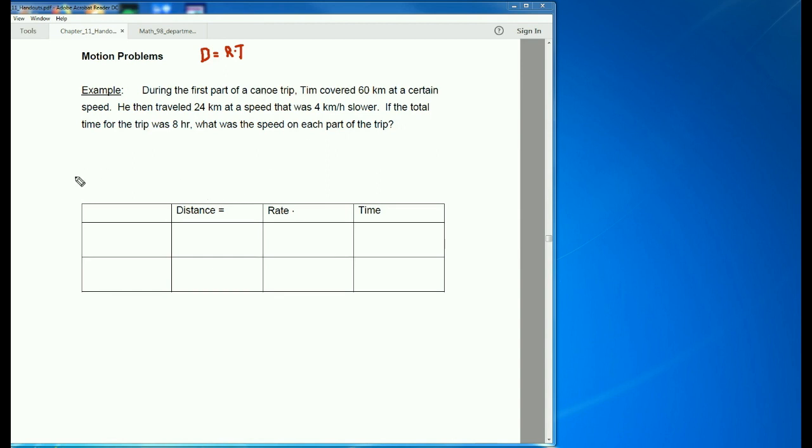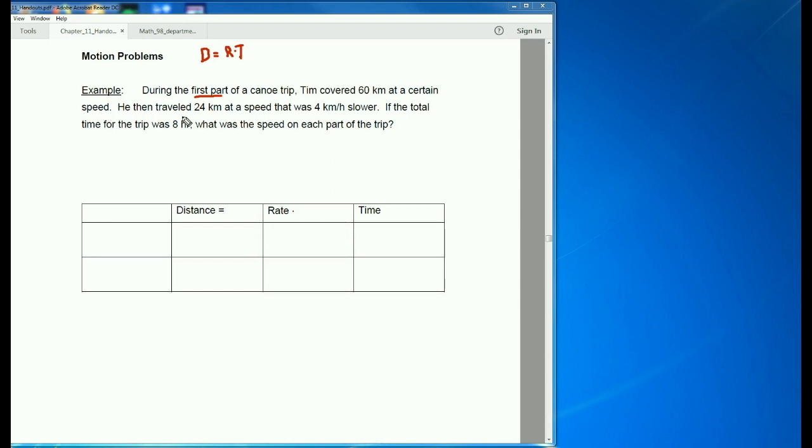And this is the method that I always use and that I recommend, is to just set up a table. So you can keep all your information organized in that tabular form. There's always two parts to the problem, okay? During the first part of a canoe trip, he covered 60 kilometers at a certain speed.